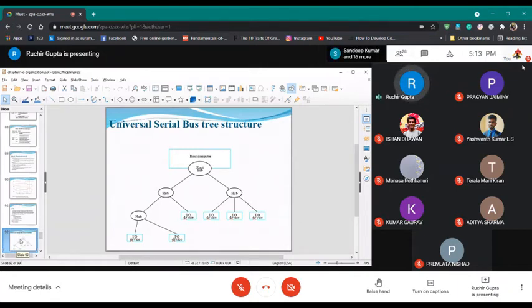You can have hubs in multiple layers, and then you can connect devices. With this hub you are connecting IO devices, and you are connecting another hub, and then this hub is able to accommodate more devices.